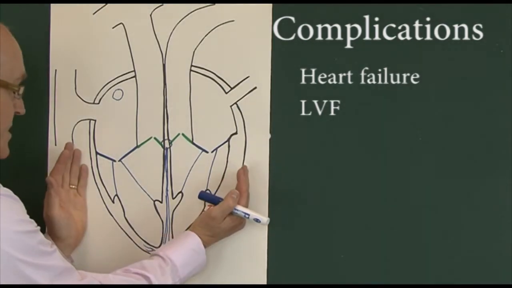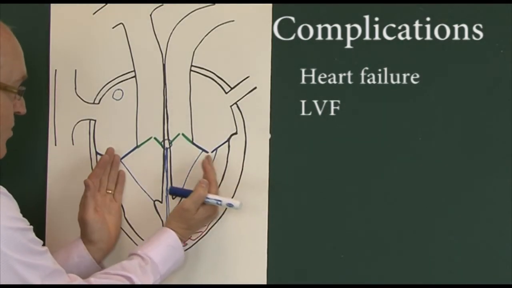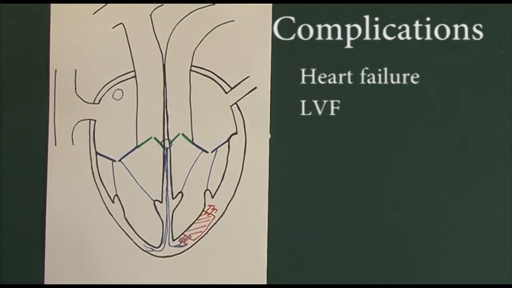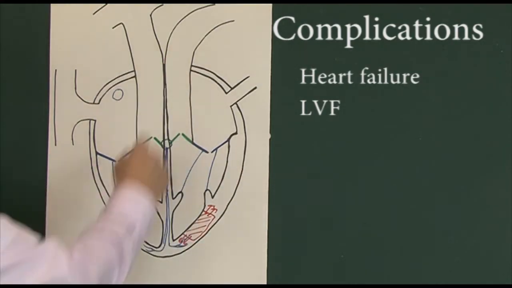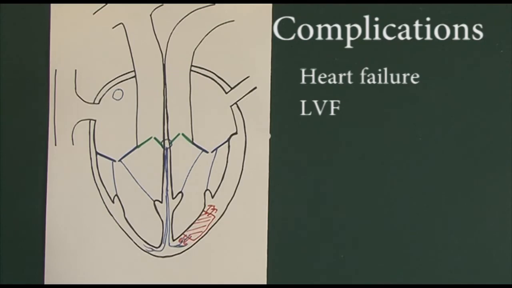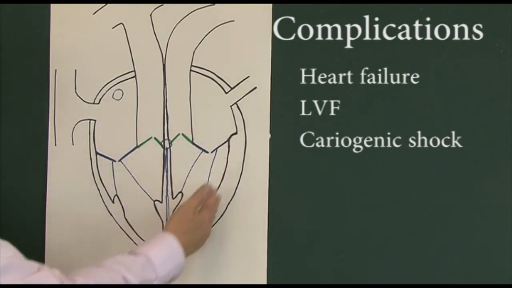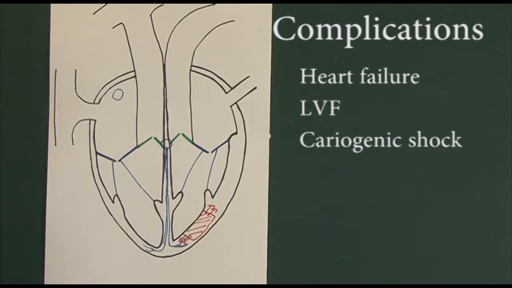If the left ventricle is very dyskinetic and not pumping well at all, that can result in a significantly lowered blood pressure, and if that is low enough, we would classify that as a cardiogenic shock. So very severe heart failure caused by a large dyskinetic area of the left ventricle can lead to cardiogenic shock, one of the causes of cardiogenic shock.